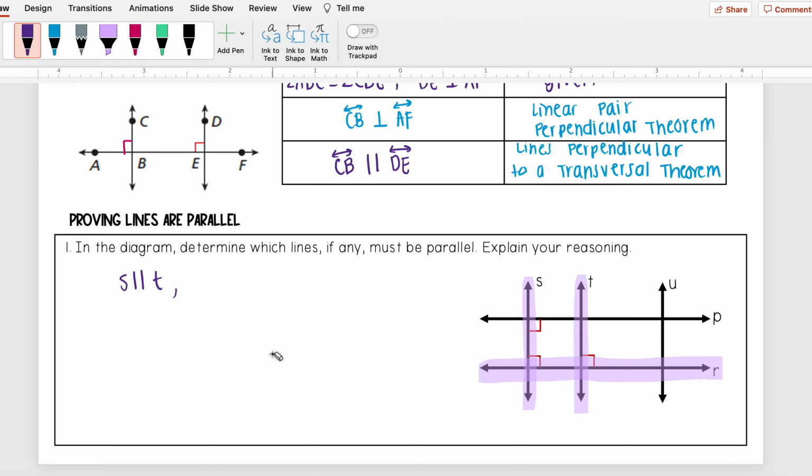And now I also have another pair that are parallel.